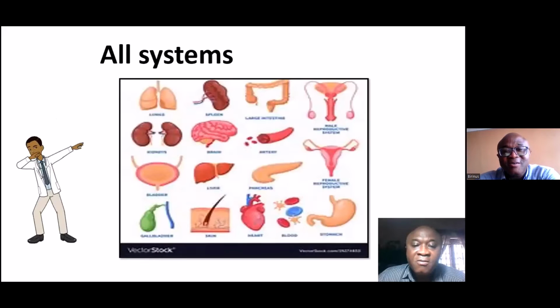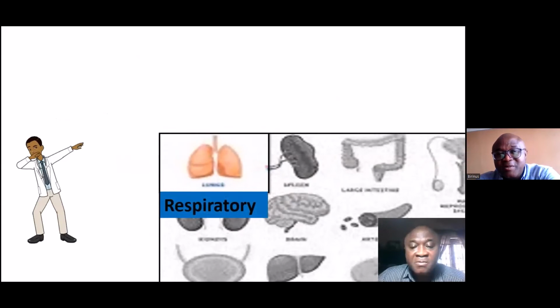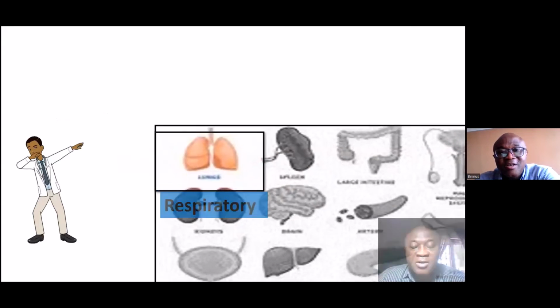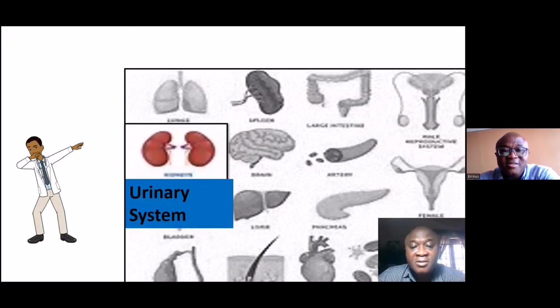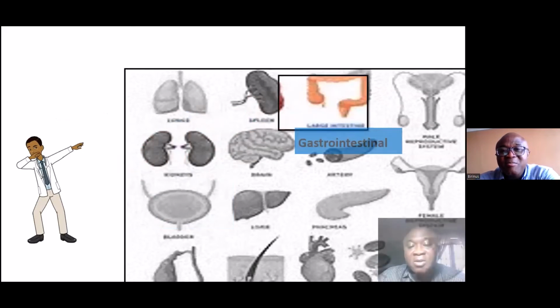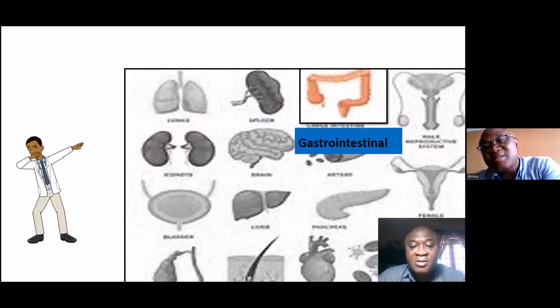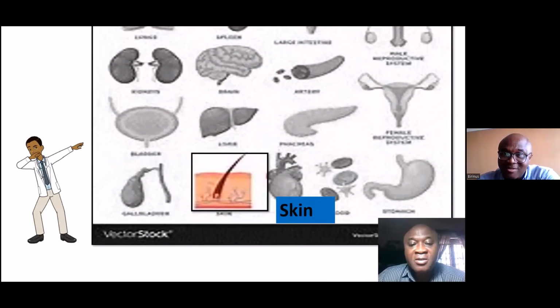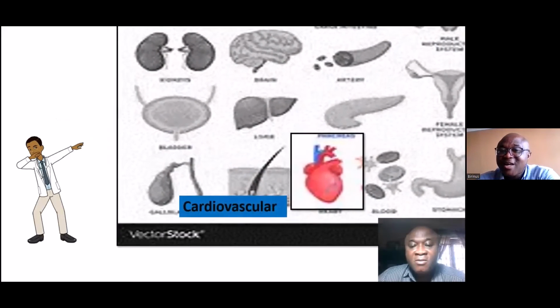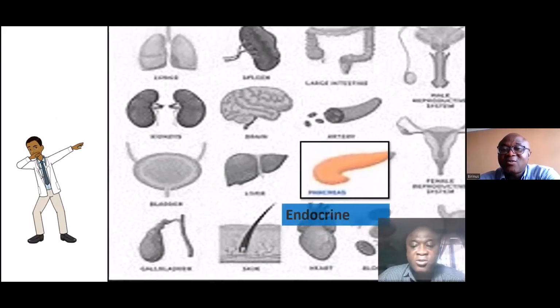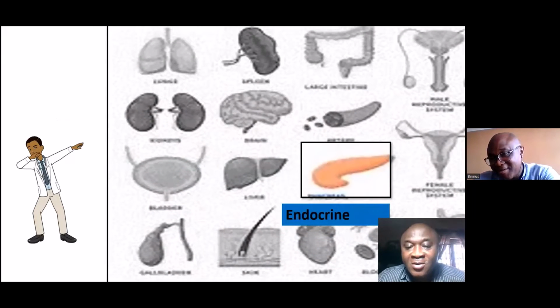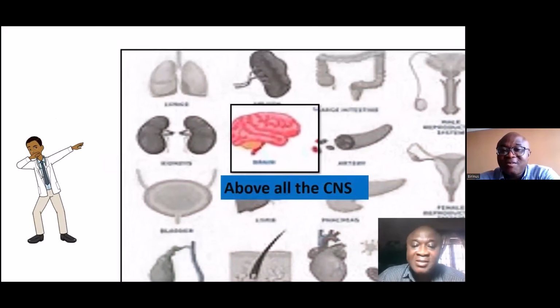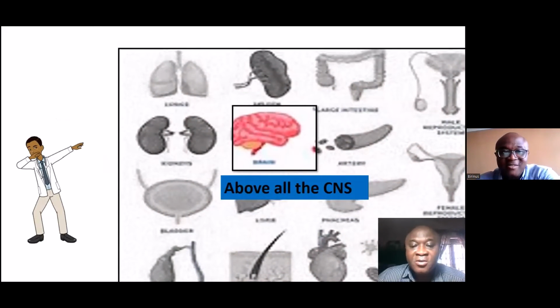Internal medicine takes care of the respiratory system, the urinary system, and the gastrointestinal system. In internal medicine, we also take care of the skin. The cardiovascular system is part of internal medicine, and of course, the endocrine system. But above all, we have the CNS, the central nervous system.